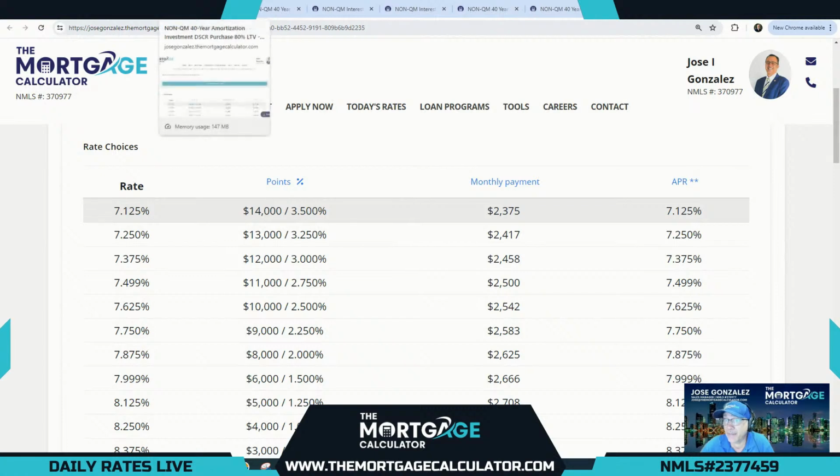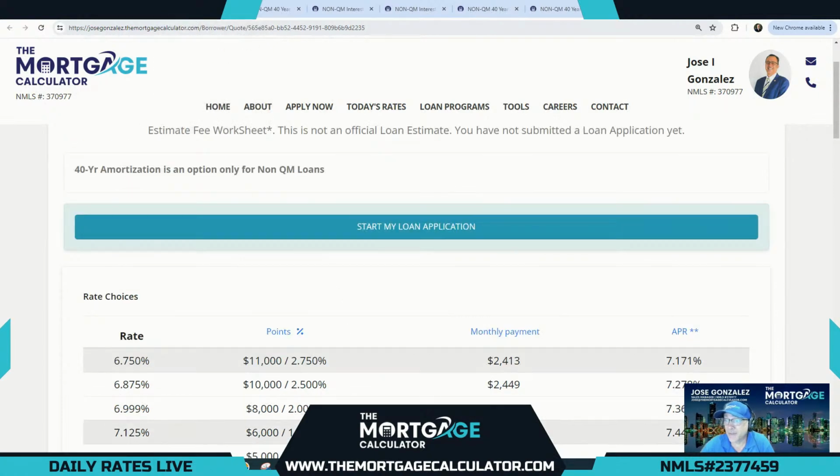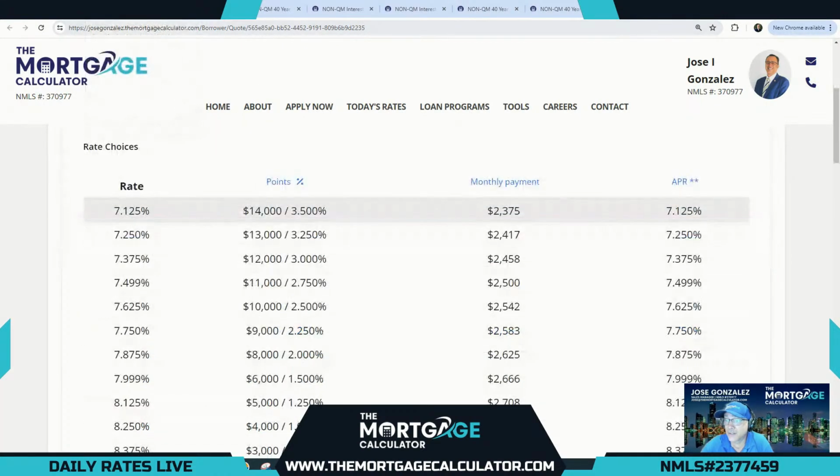And let's look at the payment difference a minute. So 7.125 non-interest only is 25.22, costing us 1.5 points. 1.5 points here gives us 7.999 at 26.66.